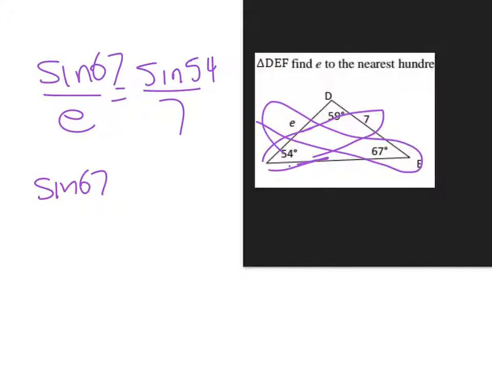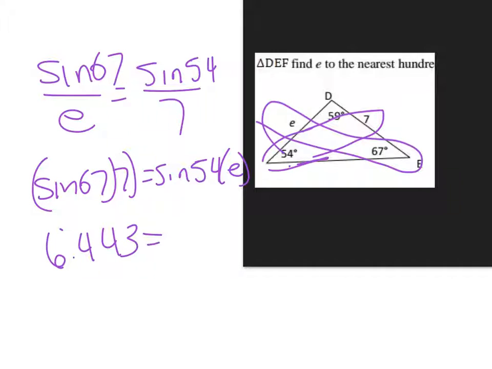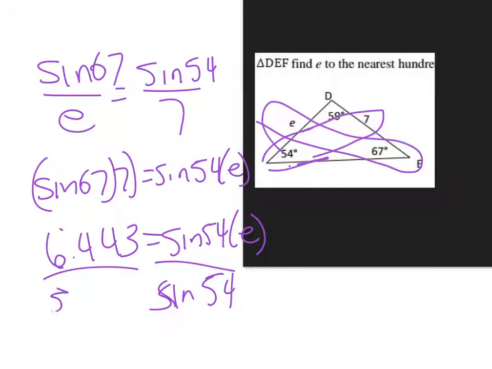So set up sine of 67 times 7 equals sine of 54 times E. Sine of 67 times 7 is going to be 6.443, and that equals the sine of 54 times E. Then if I divide by sine of 54, I get E to be 7.964.